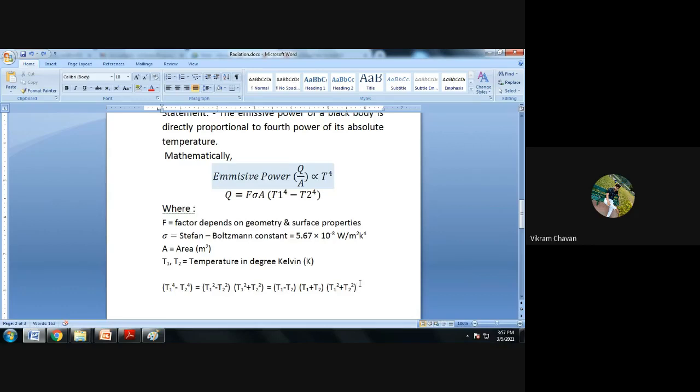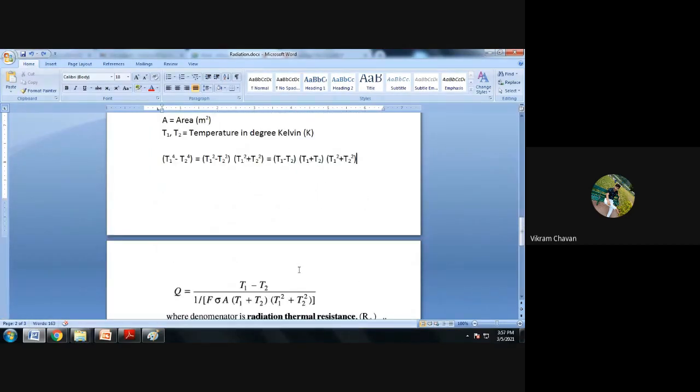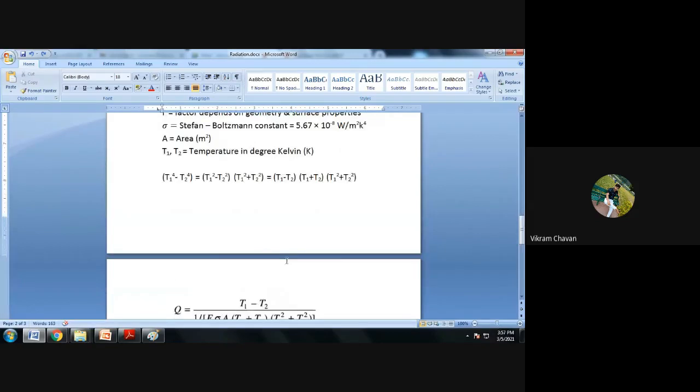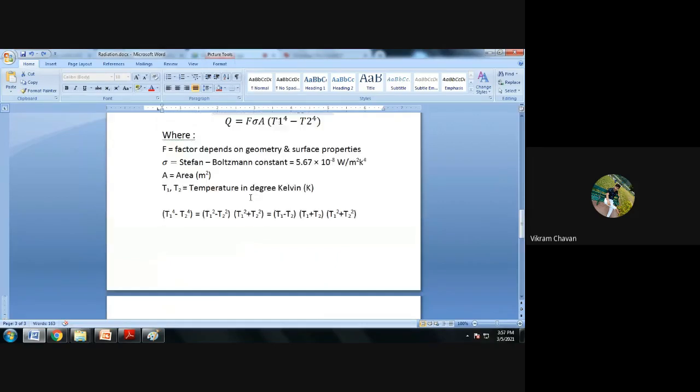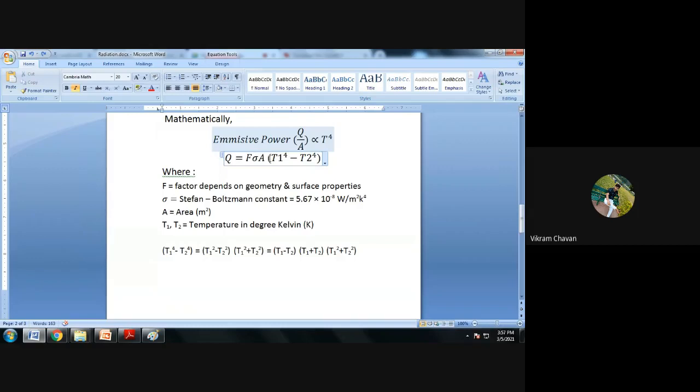Through that transformation we will get the resistance for heat transfer for radiation, that will be the thermal resistance for radiation. So we have put this equation in this format, keeping T1 minus T2 on the numerator side and shifting the remaining part to the denominator side.